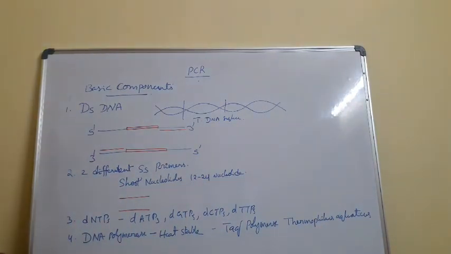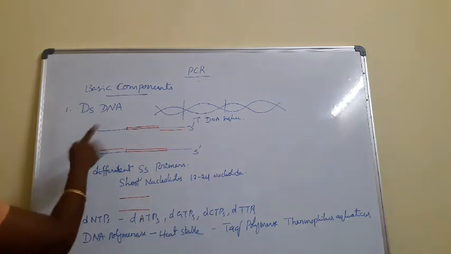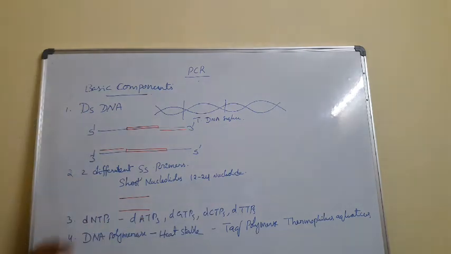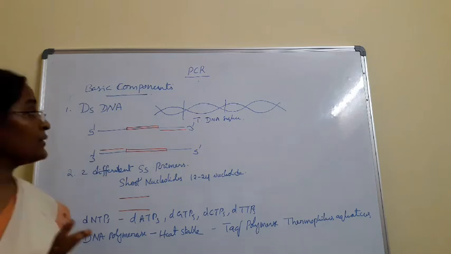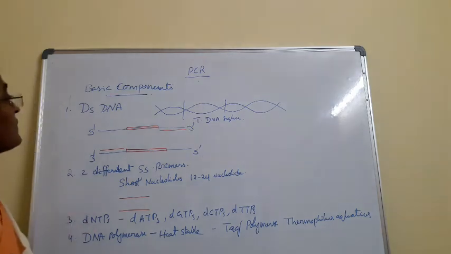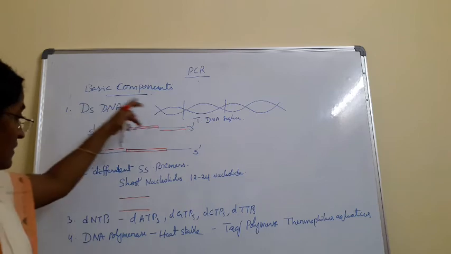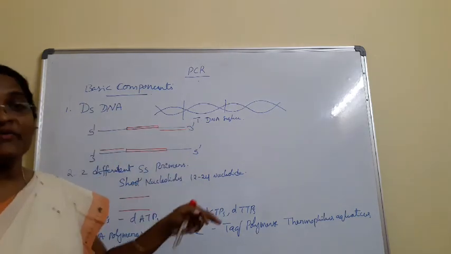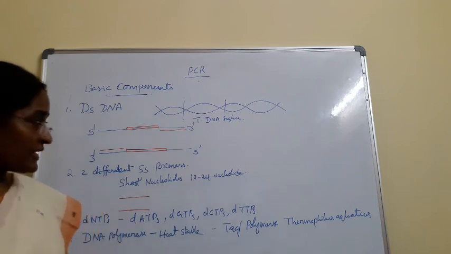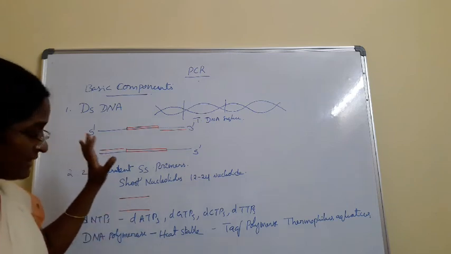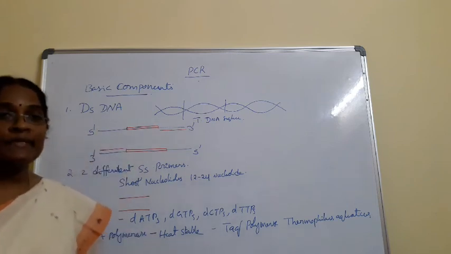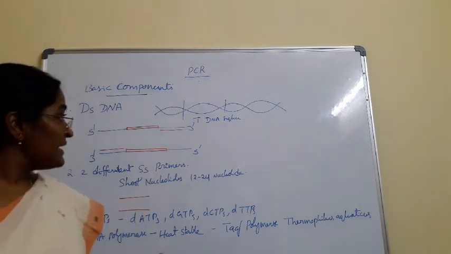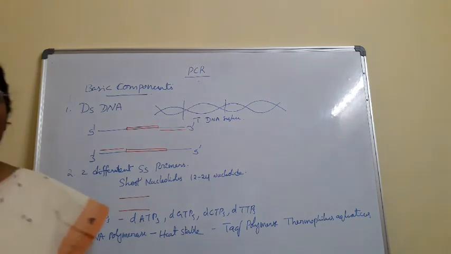These are the basic components of PCR. These components are added in the PCR tube with suitable buffer, and then these tubes are kept in the device known as a thermal cycler. Let us learn about the procedure of PCR.